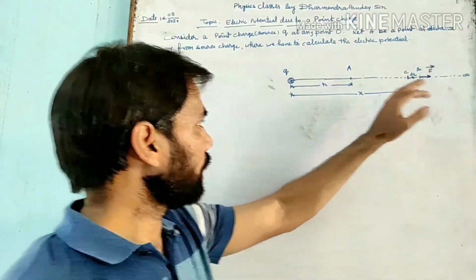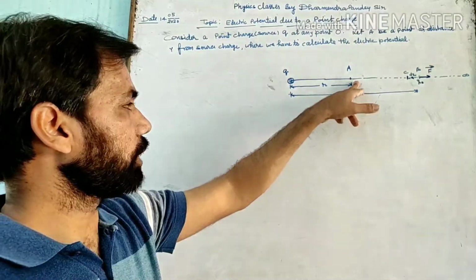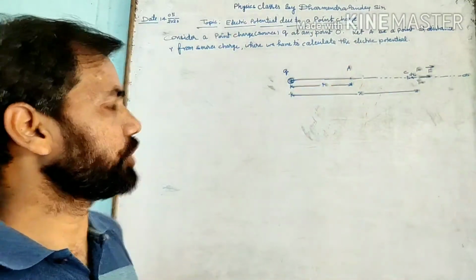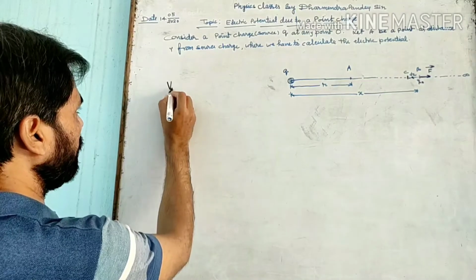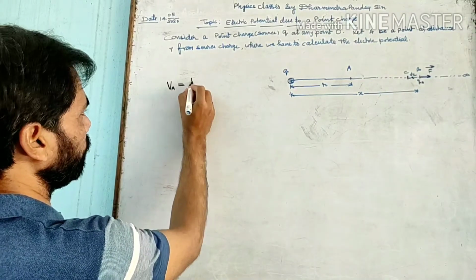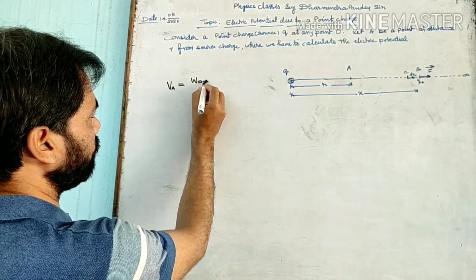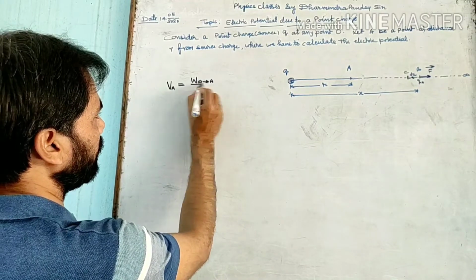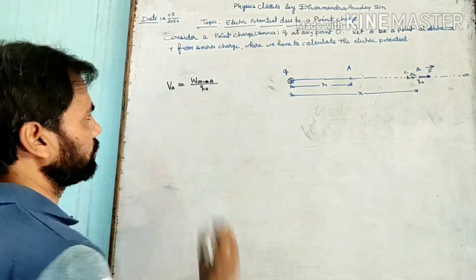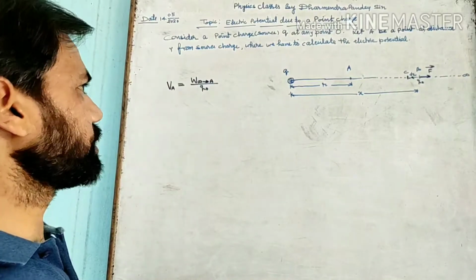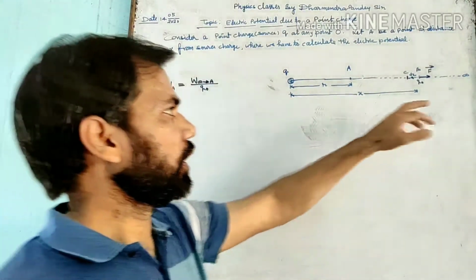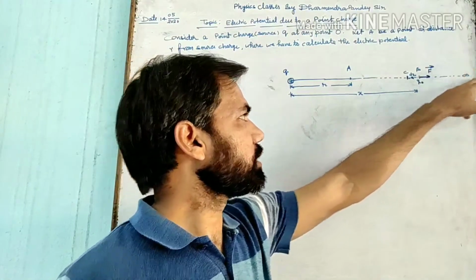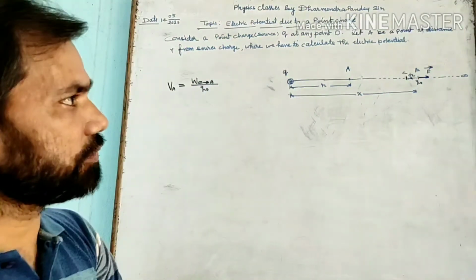So in order to calculate the electric potential at point A, from the definition, VA is nothing but W from infinity to A divided by the test charge. Let Q0 be the test charge, which is positive and very small, and it is initially assumed at infinity.